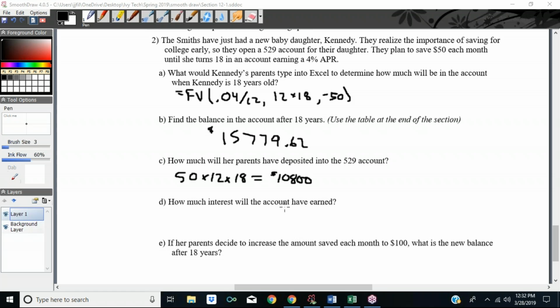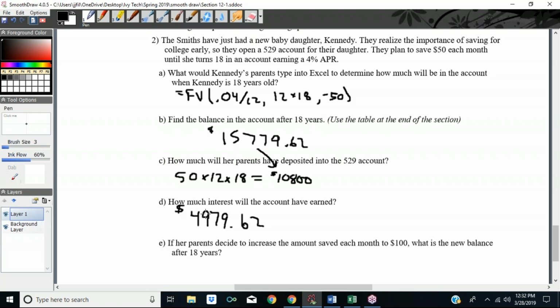How did we figure that out? Yeah, certainly. We just subtract these two values. And what do we come up with? $4,979 and 62 cents.